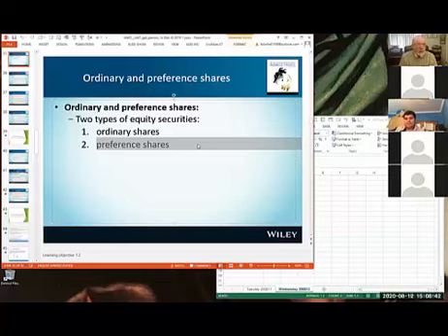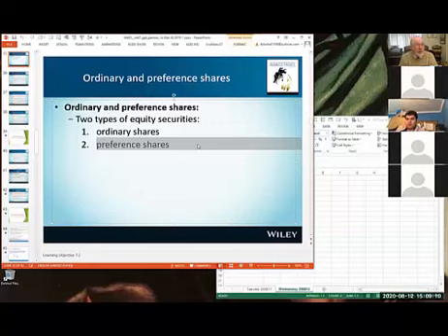Whether fully or partially or what have you, we can negotiate that and put it into the terms of the preference share, the design of the preference share. And that is another difference in the way that some preference shares are designed compared to others, whether they participate or not in the extra profits of the company. So you've got voting rights, you've got participation.